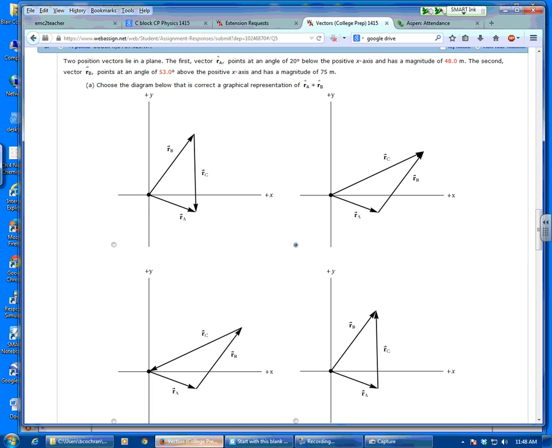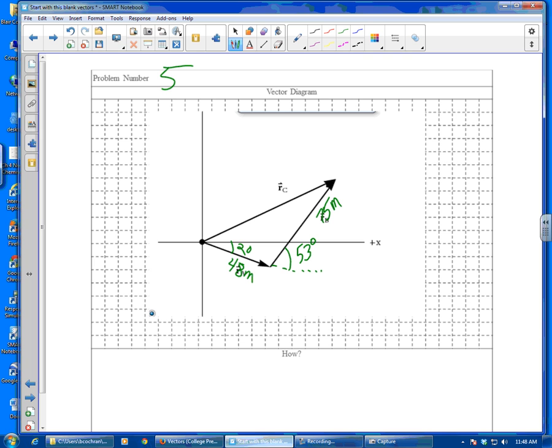Which numbers are in red? The magnitude of RA and the direction of RB, but I bet that all of the RBs are close to 53. Right? But not exact. All right, and I want to find out R sub C.